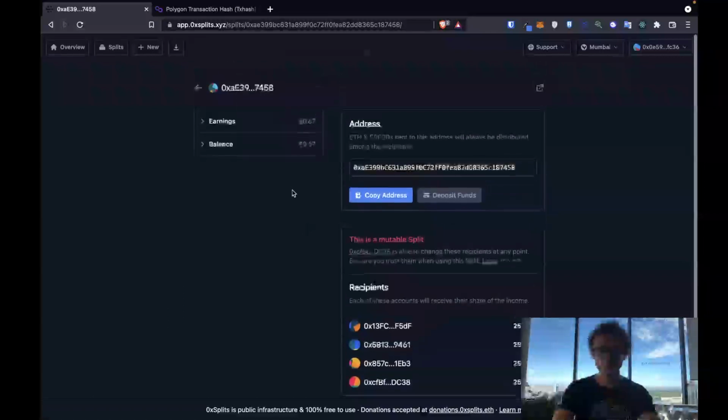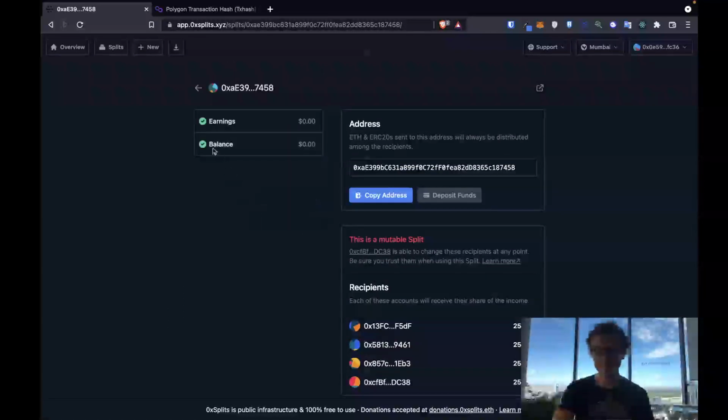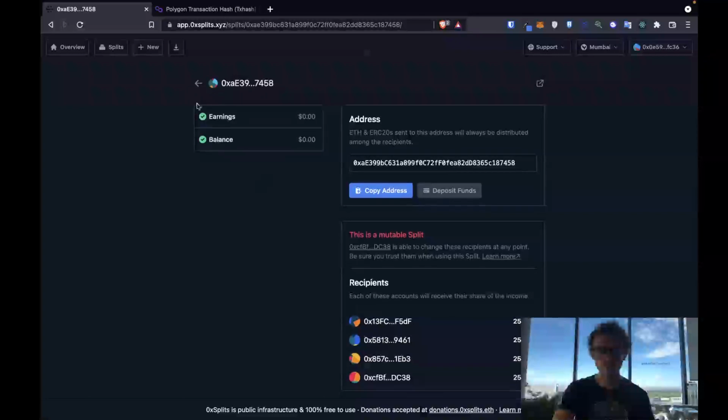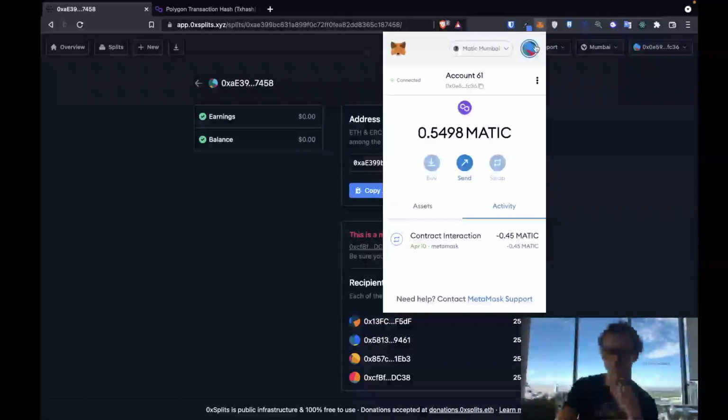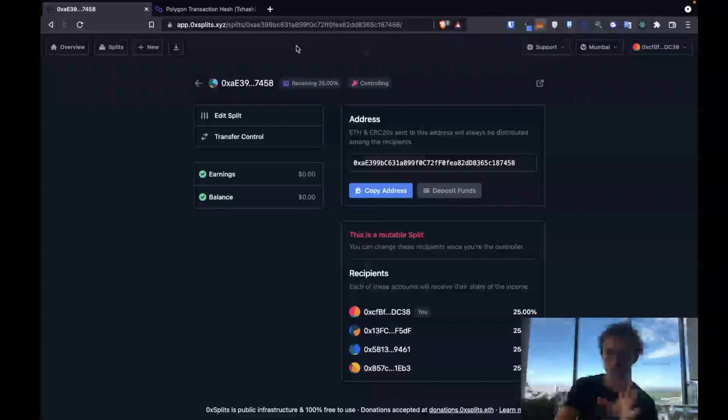Here's the split. We can see from our last lesson this does have the balance. Oh, it looks like someone already distributed it. That's interesting. Super interesting. Let me see if I now have a balance to withdraw. I think someone else might have distributed the funds, which will be an interesting talking point.